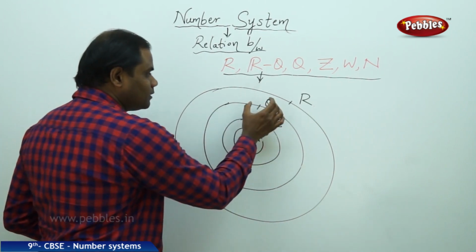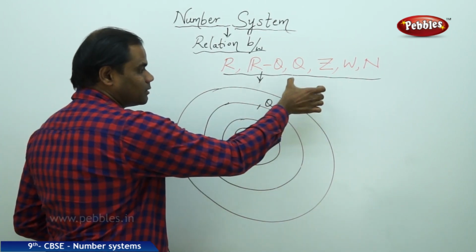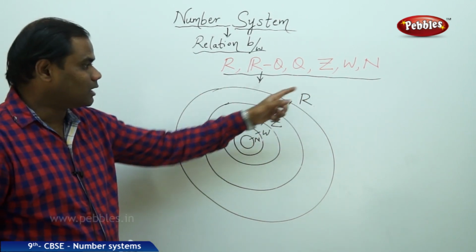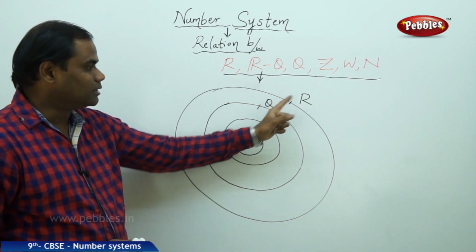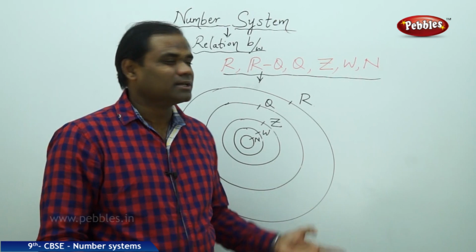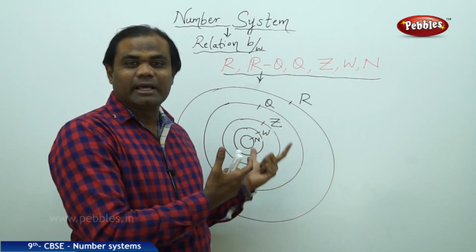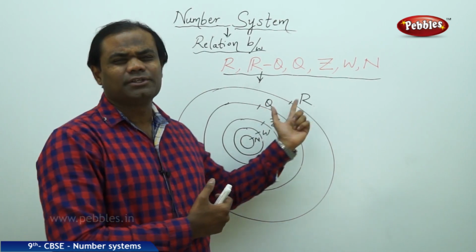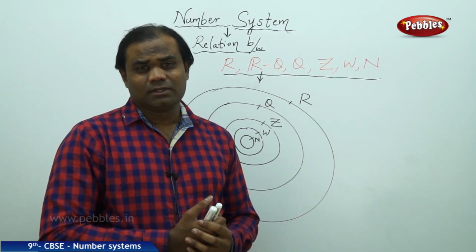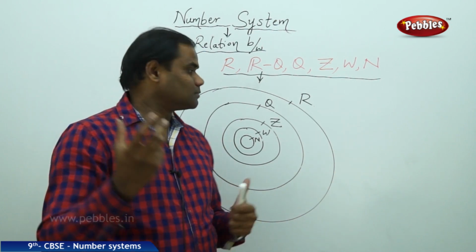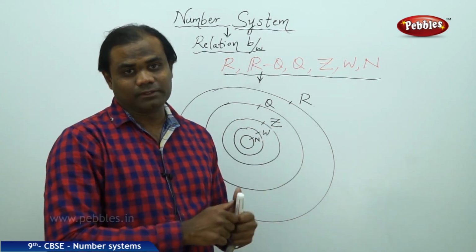Similarly, every rational number is a real number, but every real number is not a rational number, because R is outside Q and Q is inside R. This is how we can easily analyze the properties using the simple diagrammatic representation of N, W, Z, Q and R, which makes us understand whether a number is a subset of each of them.